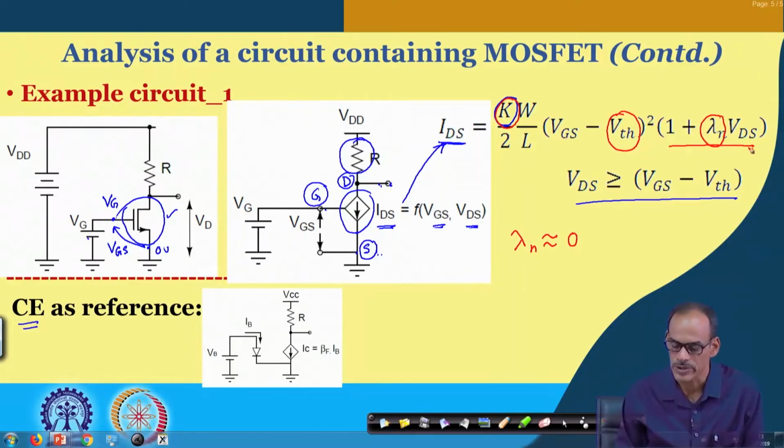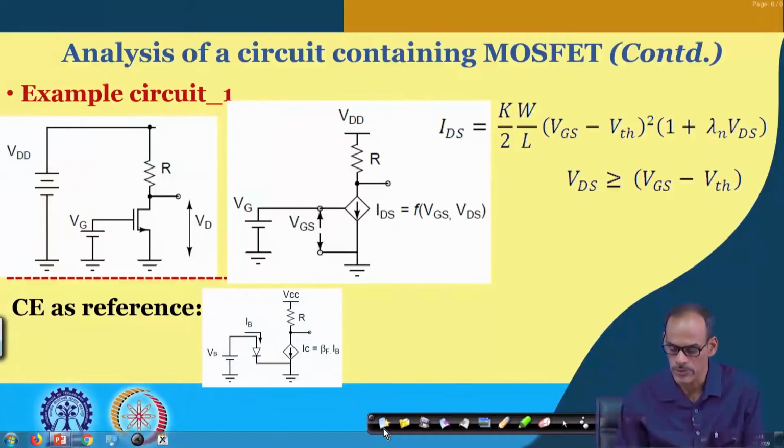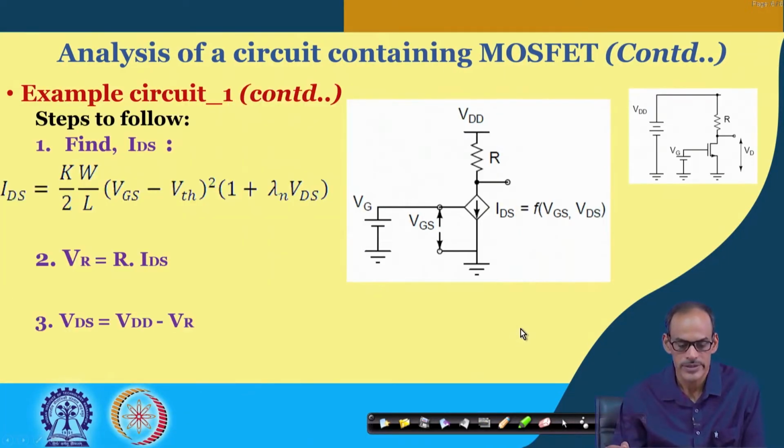That is the assumption. Later on we will see that this approximation may be important only for DC, but once you go for an AC signal, this may be very vital, and we may have to consider that part. So, to find the operating point or the solution point for a given condition, what are the steps we need to follow? Let us see that in the next slide.